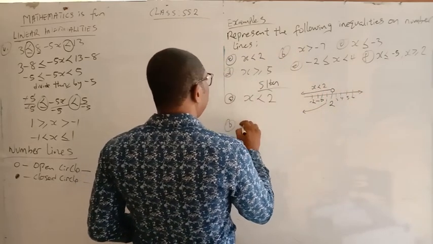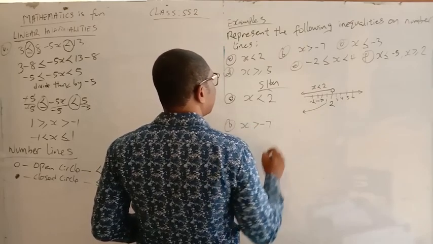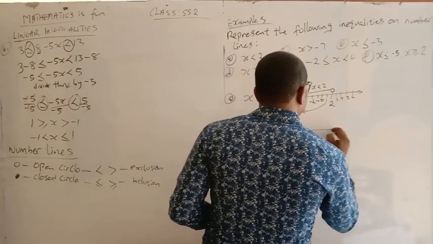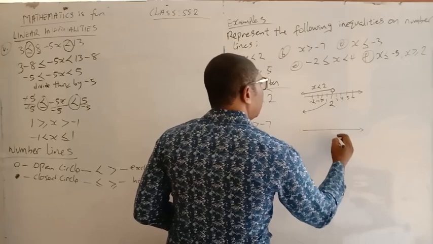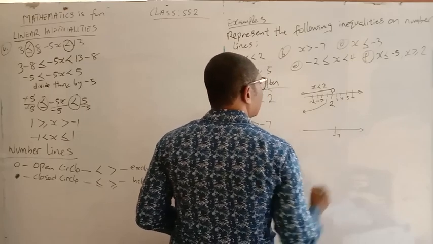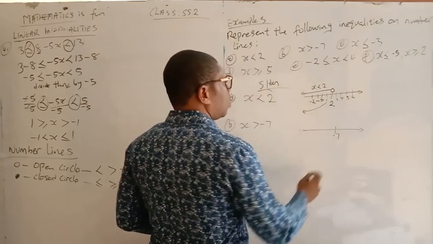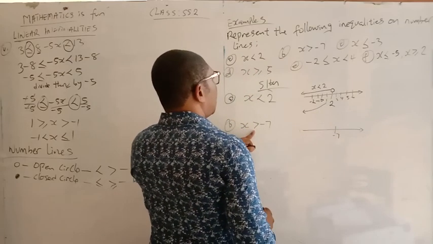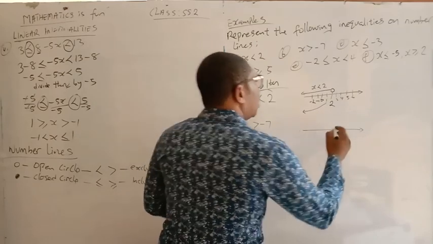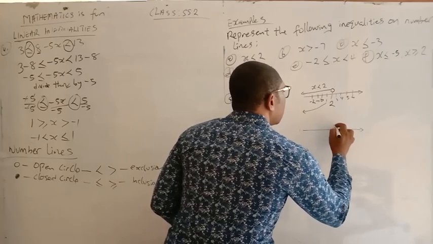B, we have x greater than minus 7. We mean, if this is minus 7, then it is greater, in exclusion.